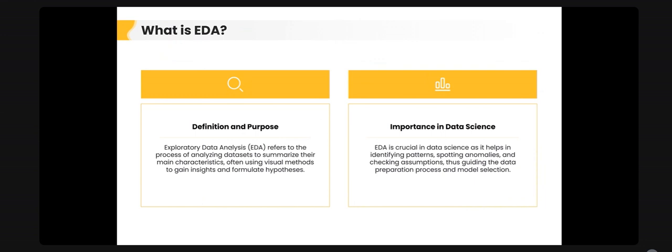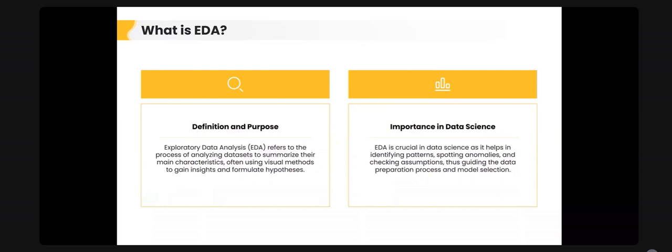To summarize their main characteristics, often using visual methods. We have already learned Seaborn and Matplotlib, right? So what do we do with these two libraries? We summarize using visual methods. And when we have a visual, pictorial form of your data, it will give you good insights, and also help formulate hypotheses.